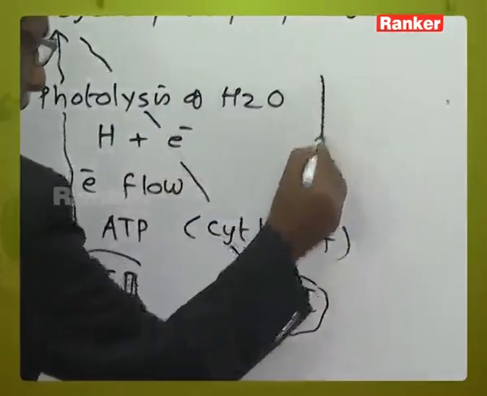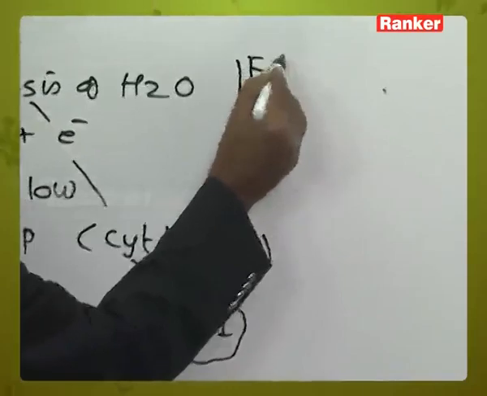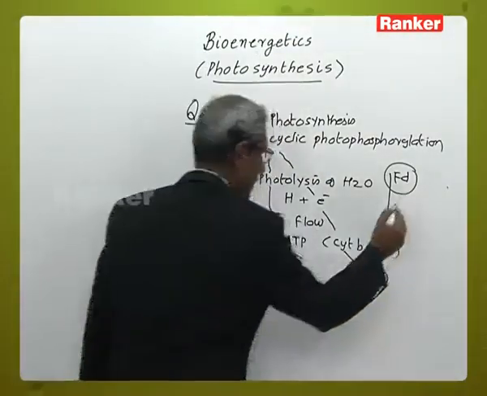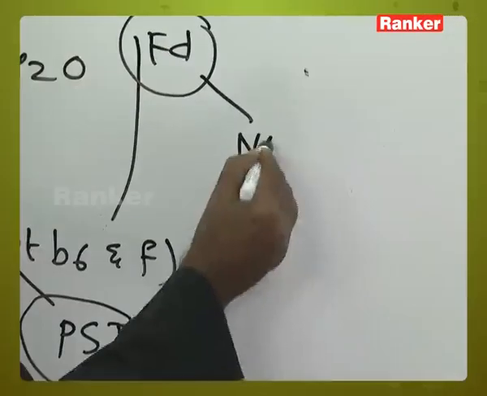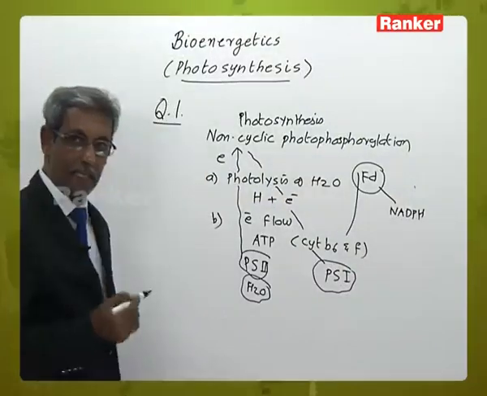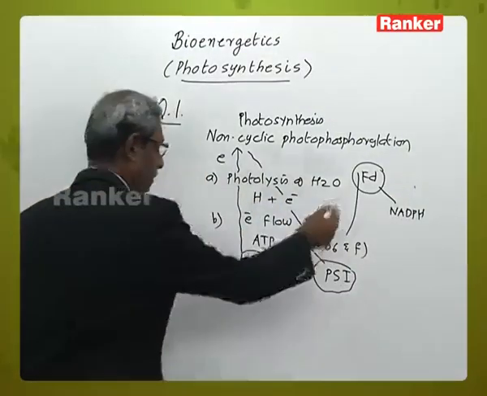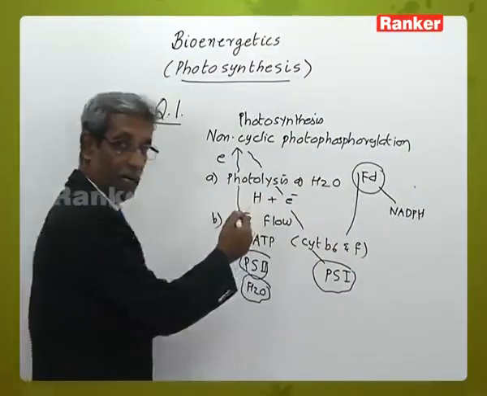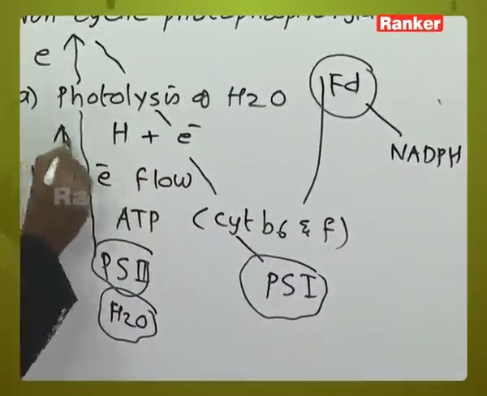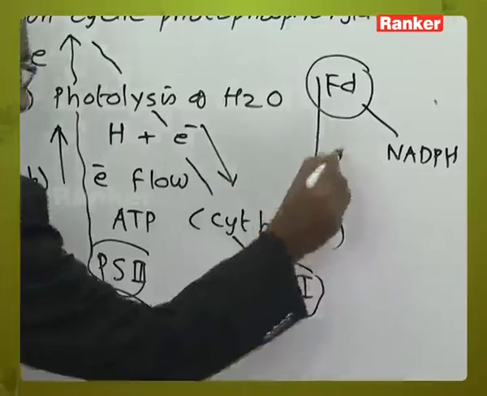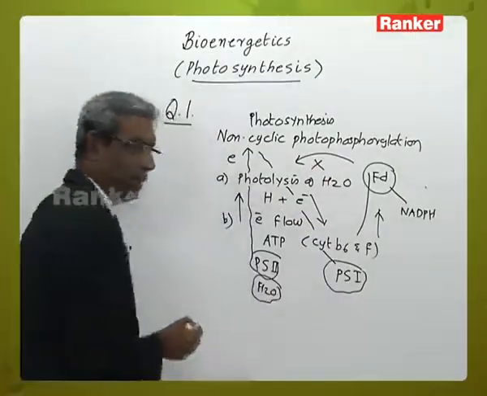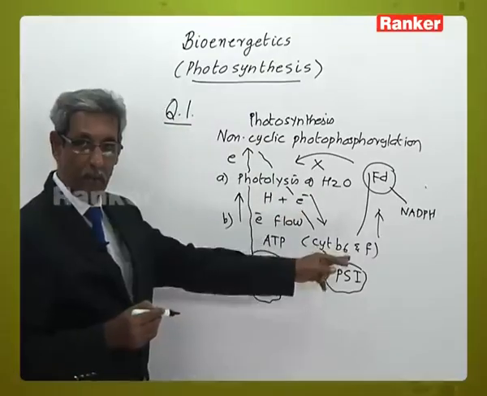From photosystem 2 it enters into ferredoxin, and from ferredoxin there is a formation of NADPH2. Thus, in non-cyclic photophosphorylation, where the electrons are not returned, it is just one way. The electron does not have a return path.